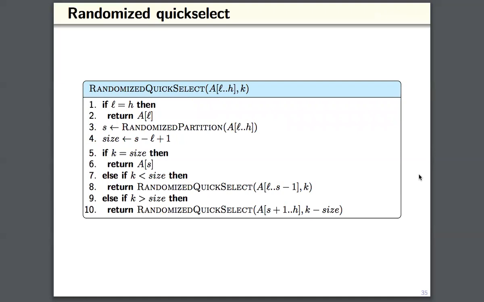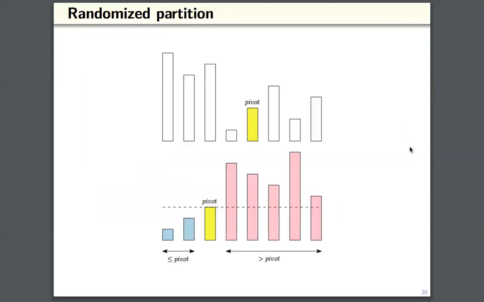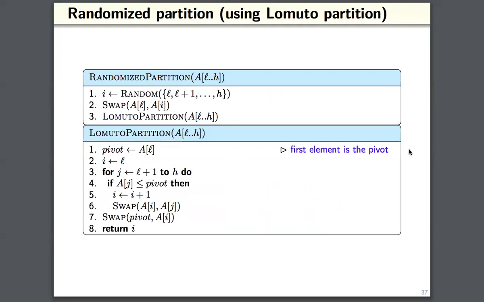So try to implement this quick select algorithm and later quicksort also. When you use a randomized partition, as discussed here, not just the first element as the partition but a randomized element as the partition element, you will see that in practice, it runs a lot faster.